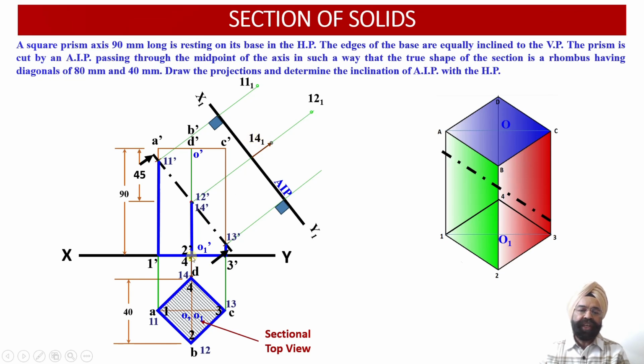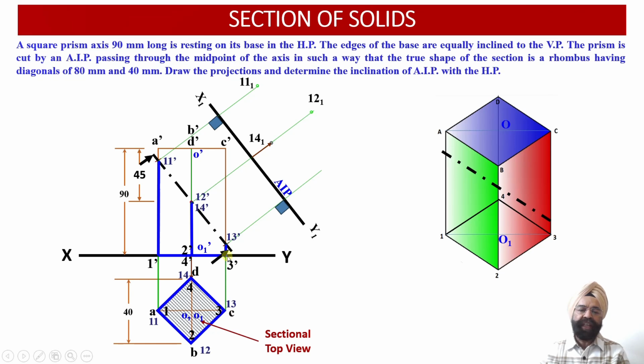So again we can check distance of point 14 from XY reference plane. It is equal to distance of point 14, 1 from the x1, y1 AIP over here. So the third point of intersection in the auxiliary plan projection view has been appropriately located.